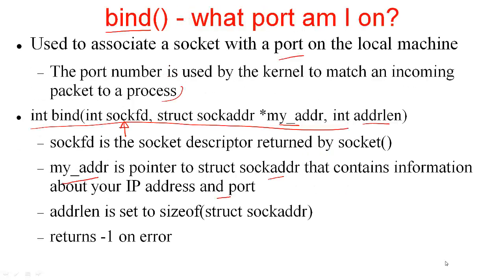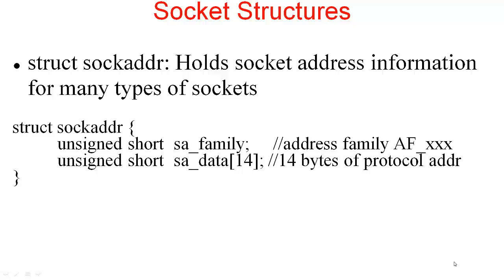So this bind function is making use of this structure. Let's look at the structure in a little bit more detail. This structure holds socket address information for not just internet sockets but for other types of sockets. In turn, it is made up of these two fields, sa_family and sa_data. If you are using the internet family, you will set it equal to AF_INET.